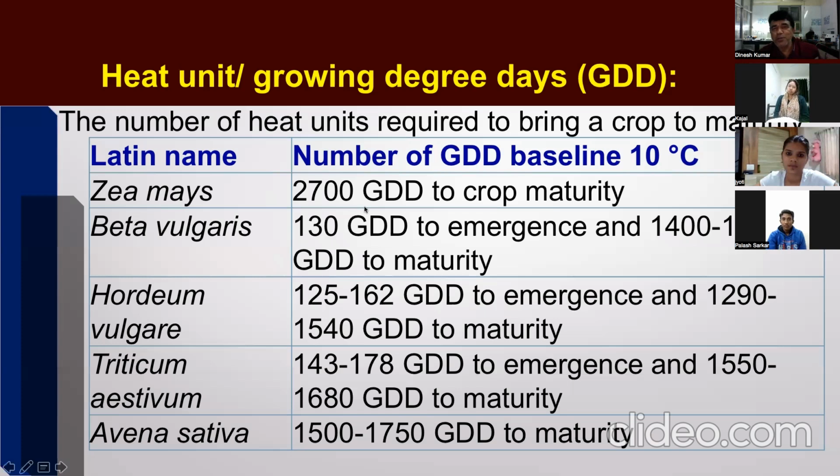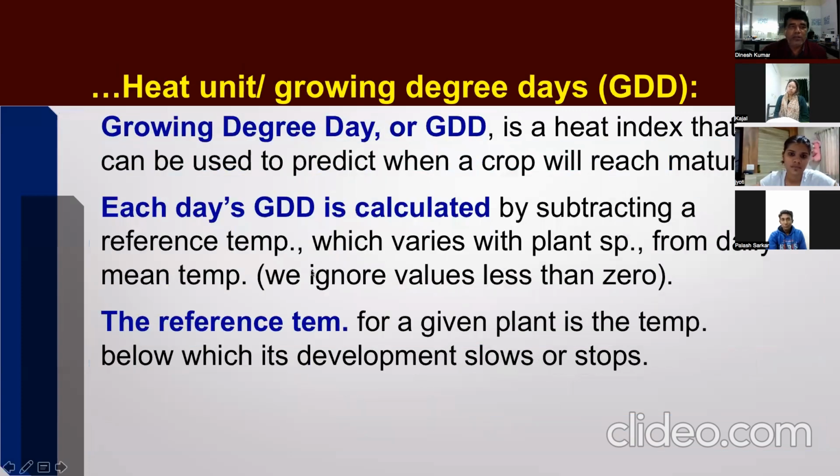You need not remember the value of the growing degree days, but you should know the concept. Growing degree day or GDD is a heat index that can be used to predict when a crop will reach maturity.